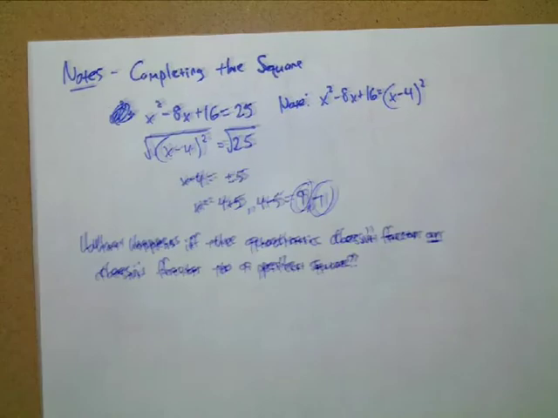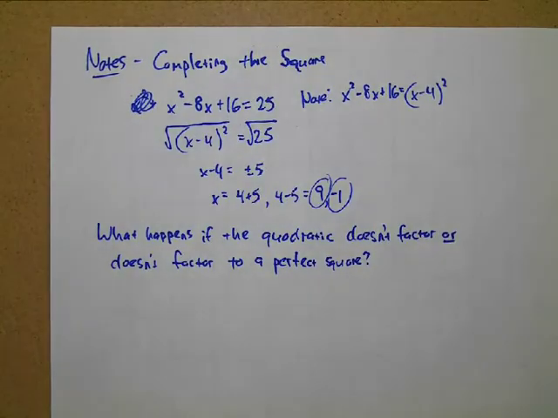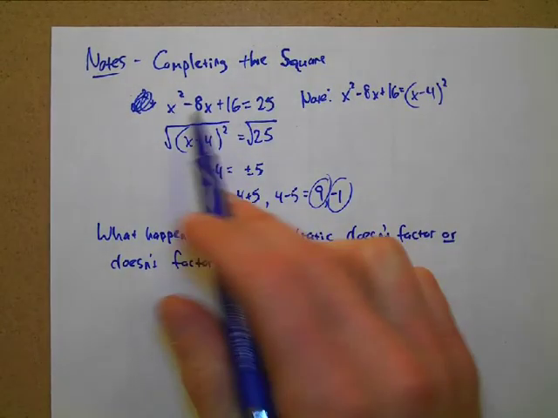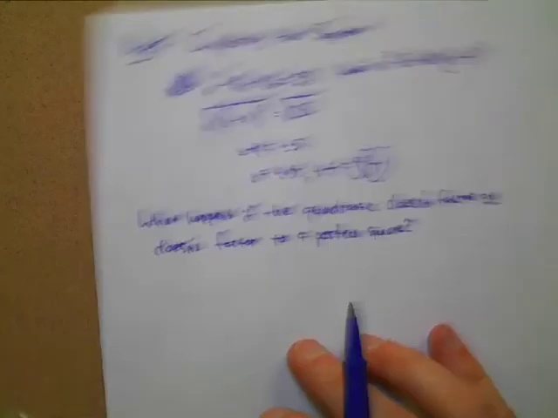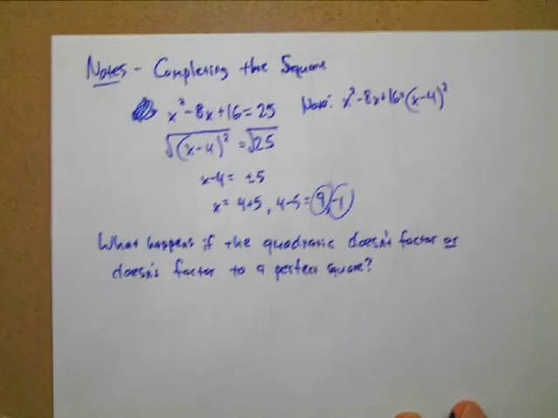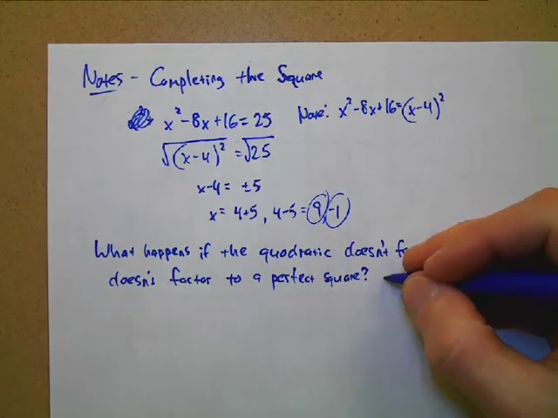That's the big question, right? This strategy that I showed you only really works for special quadratics that factor into perfect squares. So what happens if it doesn't factor at all, or if it doesn't factor into a perfect square? Well, the answer is, okay, we make it work.